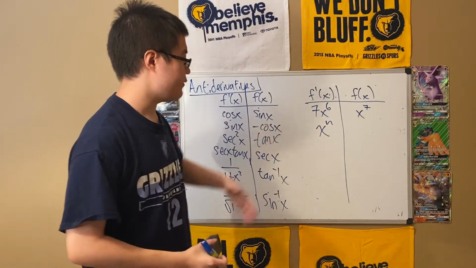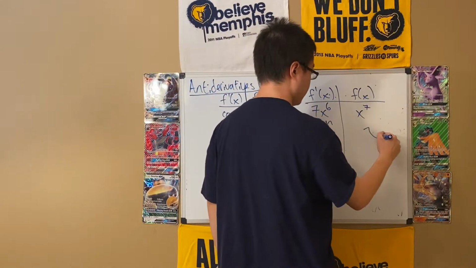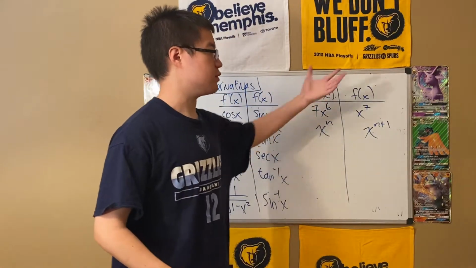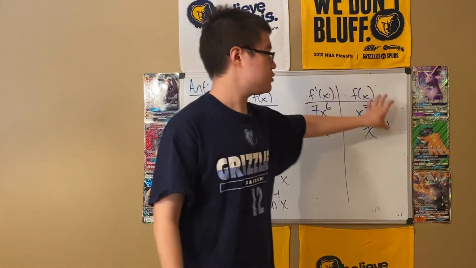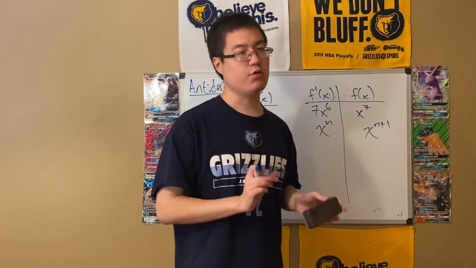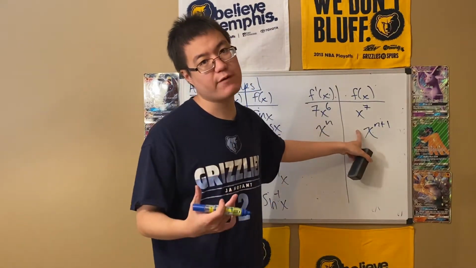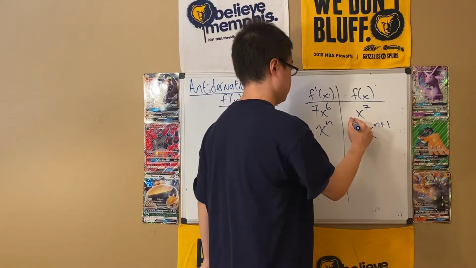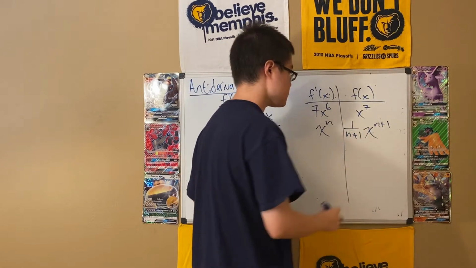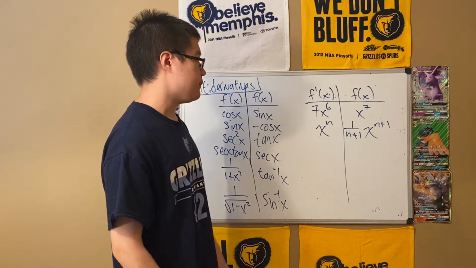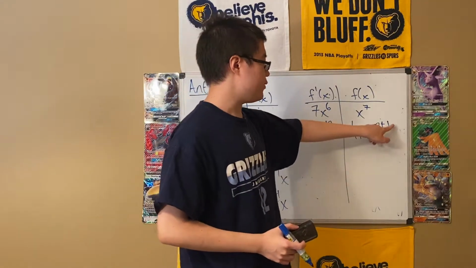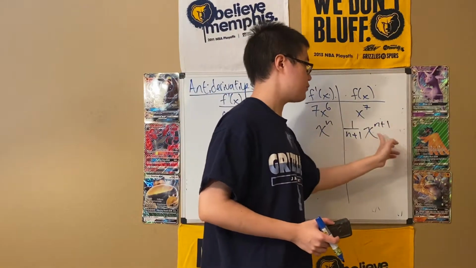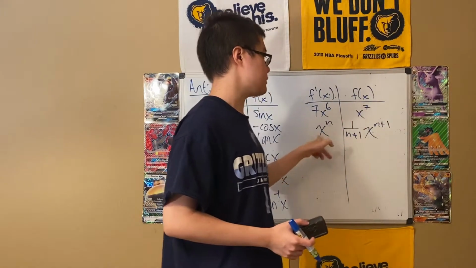The antiderivative of this: you add 1 to your old exponent to find your new exponent, and then once you have your new exponent, you multiply by the reciprocal of that exponent, or flip the exponent in the front. So it's going to be 1 over n plus 1. So that's it. If you want, you can check yourself. If you bring the n plus 1 down, it will cancel out with the 1 over n plus 1, and it will subtract 1 from the n. So the derivative of this guy is this.